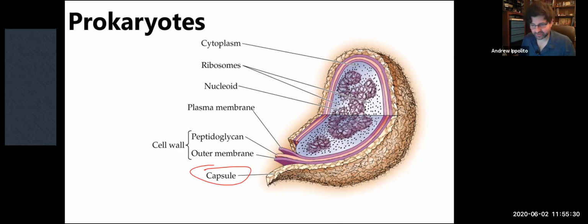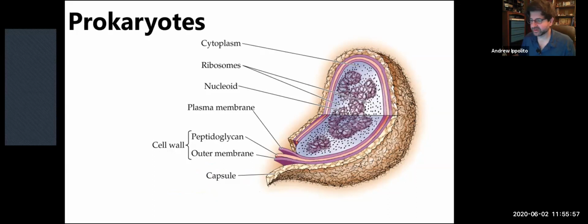There's the capsule, which is a hard shell, impervious to a lot of environmental stress. And then there's the slime layer. The slime layer is goopy and extra sticky, so bacteria that have the slime layer can stick to your teeth really easily, for example, but they'll dry out pretty easily. Whereas the capsule is more hardy, but it's less sticky.